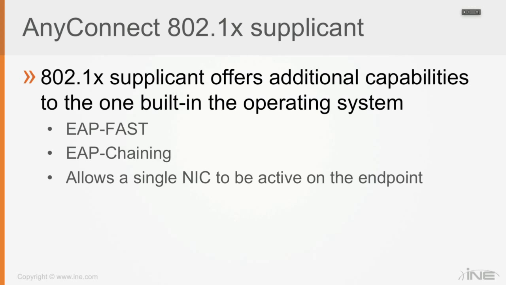Some of them are that it supports EAP-FAST as the authentication protocol. It supports EAP chaining, which means authenticating both the user and the machine at the same time. And it can also control the end system to allow only a single NIC card to be active on the endpoint at the same time.